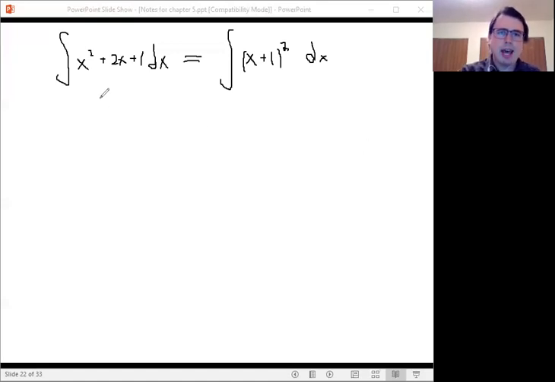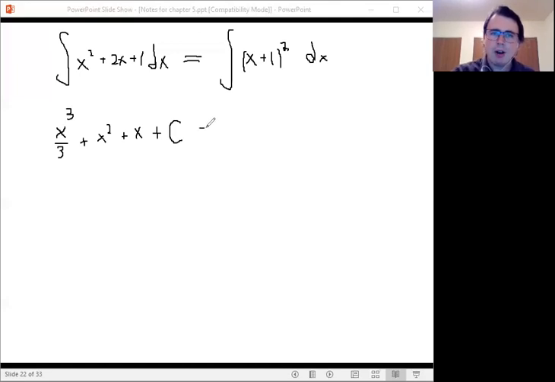Well, over here on the left, I can use my power rule. I'm supposed to get x cubed divided by 3, and x squared, and plus x. That would be using my power rule, and then I'll have some constant of integration.